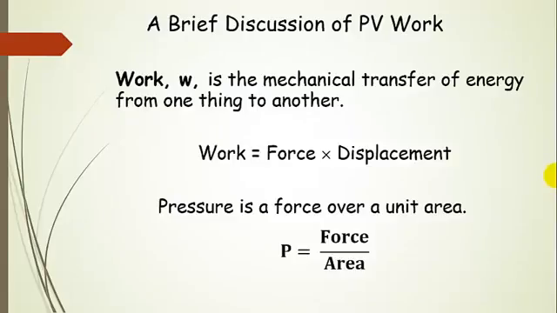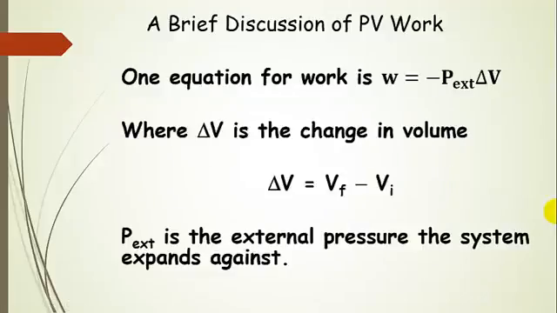Okay, so let's talk a little bit more about PV work. We're going to just talk about one very specific kind, and it's a mechanical transfer of energy from one thing to another. Now, in general, work is defined as a force multiplied by some displacement, and the pressure is a force over a unit area. Here's an equation for work.